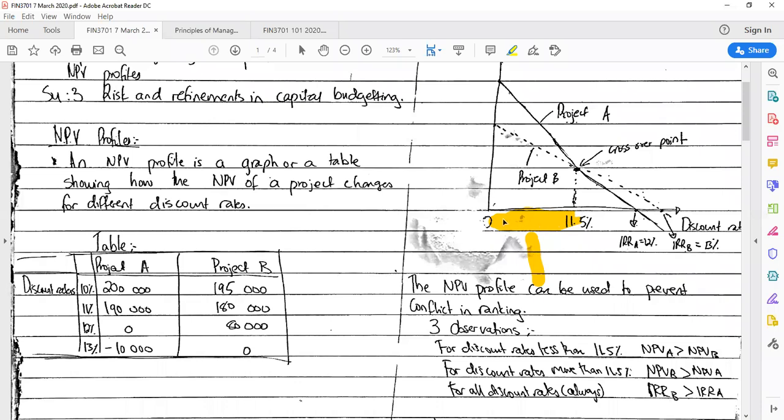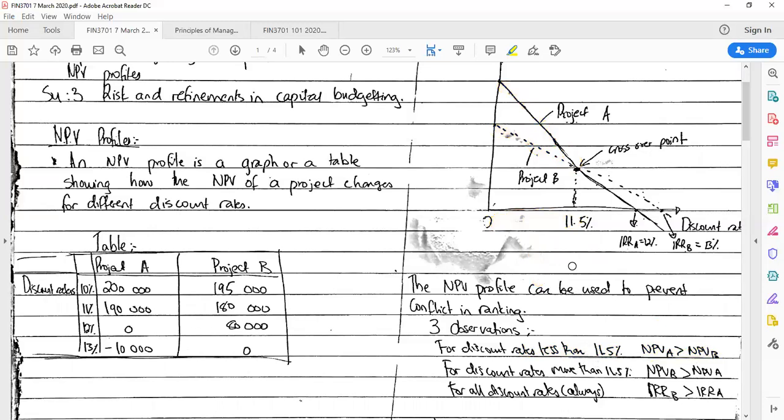You'll notice that if we use a discount rate less than 11.5, the graph of project A is higher than the graph of project B. This means the NPV of project A is higher than the NPV of project B. So as long as we use a discount rate which is less than 15%, the NPV of project A will be higher than the NPV of project B, right? So that's the first observation.